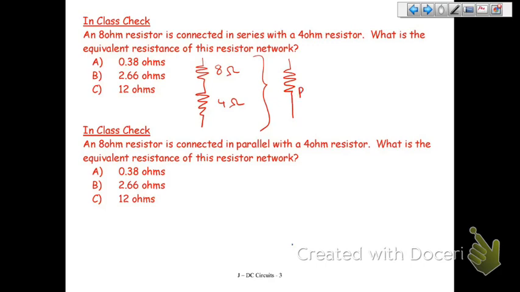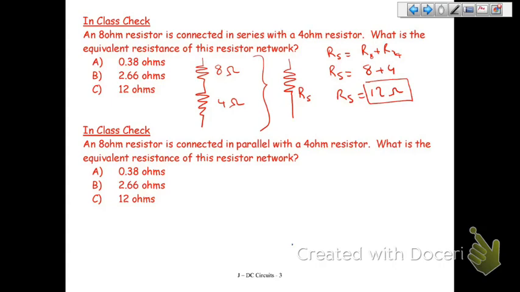That is going to be R series, just so I remind myself, because they're in series. R series equals R1 plus R2, or I could put down R8 plus R4, just some way of naming what it is. So R series is equal to 8 plus 4. R series equals 12 ohms. Not bad. Pretty straightforward.